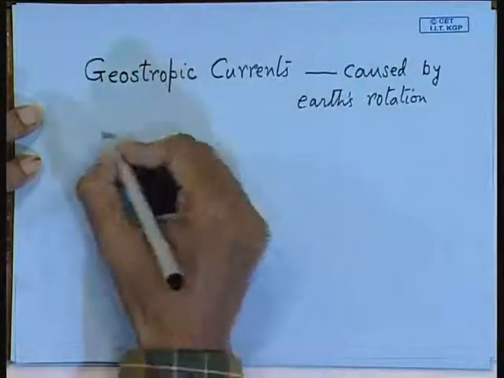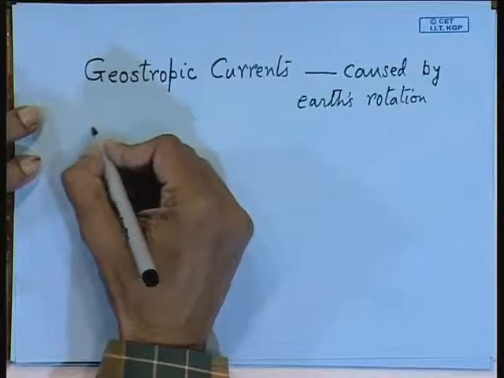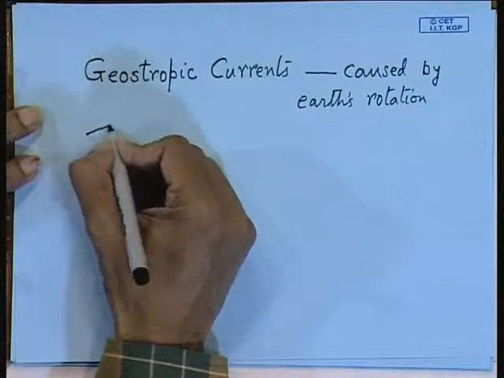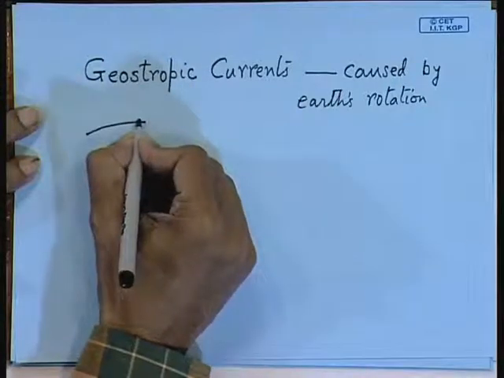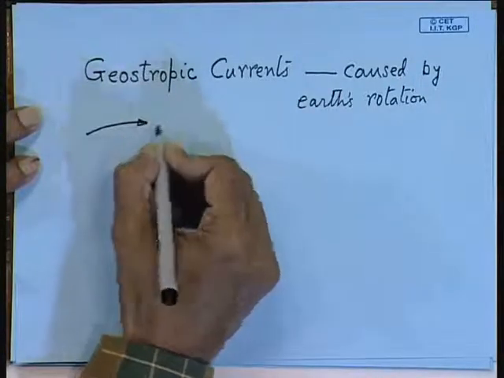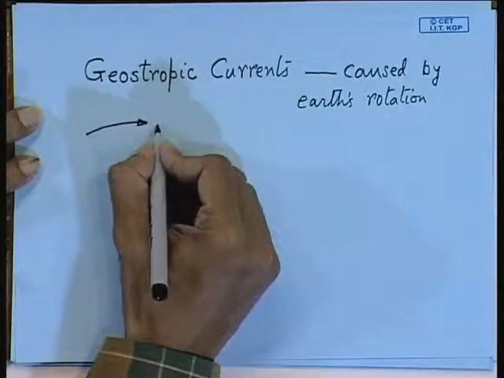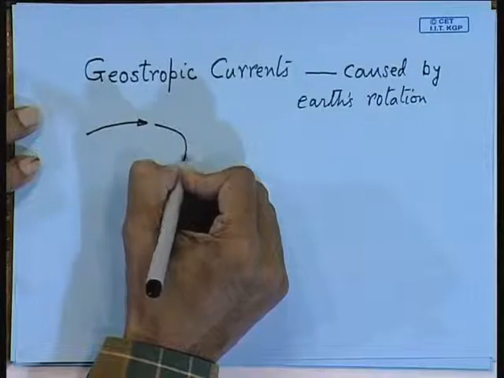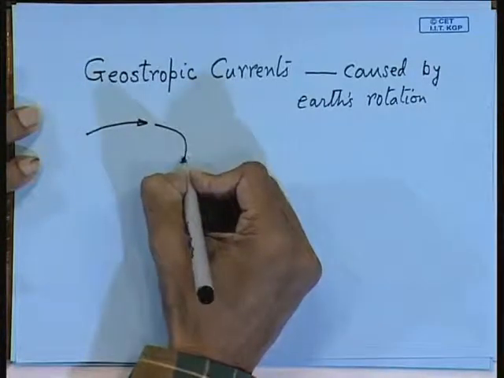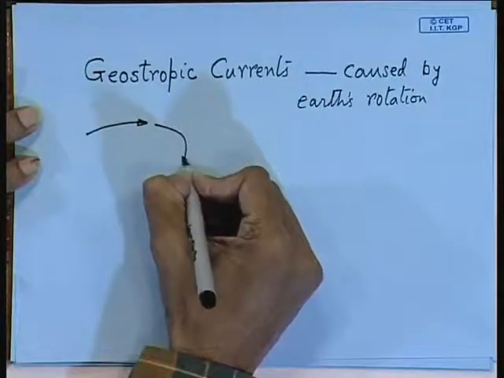So, now if your wind is going in a closed loop, what will be the direction of current? Say this is called a wind gyre. This you take in the northern hemisphere.